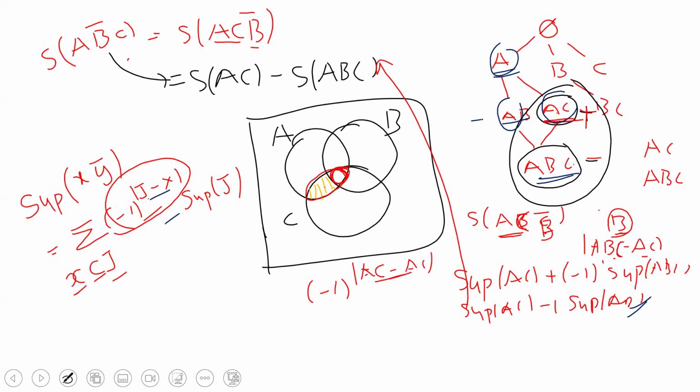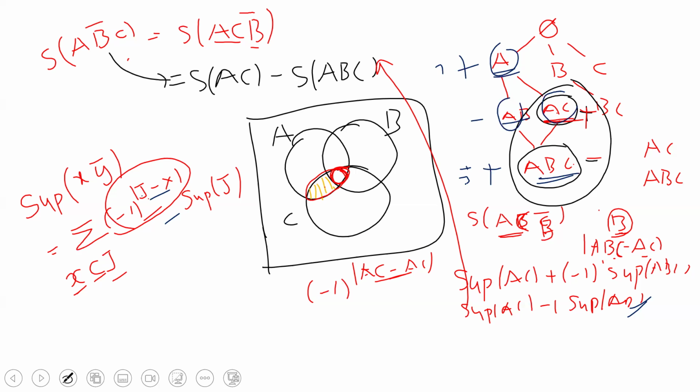So the second term becomes negative, the first term becomes positive, and the third term becomes positive because 3 minus 3 is equal to 0. J is ABC, X is also ABC. For the odd levels, 1 and 3, it becomes positive, and for the other terms, it becomes negative.